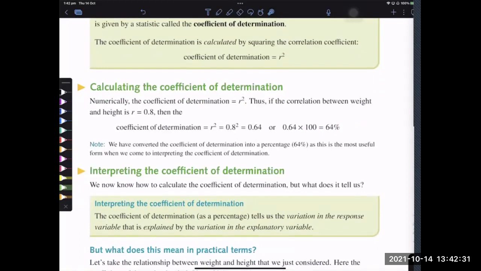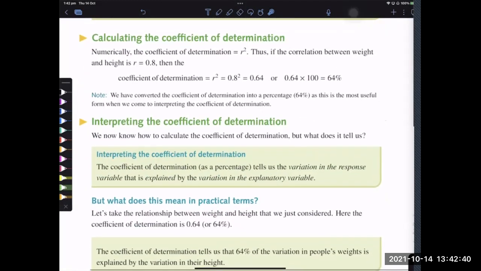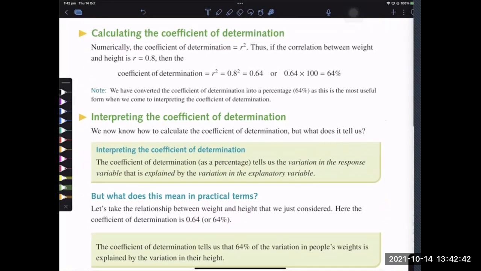Now, what's useful to us is the percentage, because when we go to describe it, it makes more sense, okay? So it tells us the variation in the response variable. So the response is your vertical axis. Remember, R is your vertical, and E is your explanatory variable on the horizontal axis there.